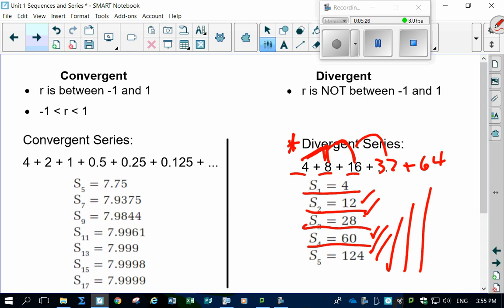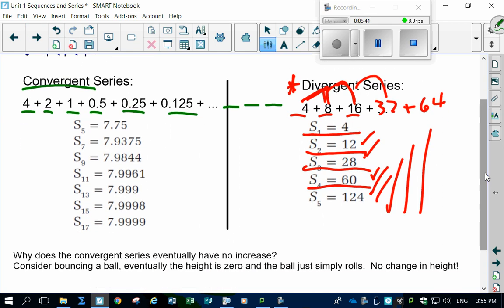But check out what happens when you have this convergent series. 4, 2, 1, a half, 0.25, so on. These numbers get so small. Eventually, watch what happens. Here's S5. 1, 2, 3, 4, 5. You get 7.75.